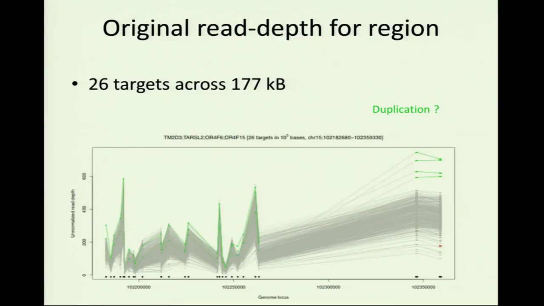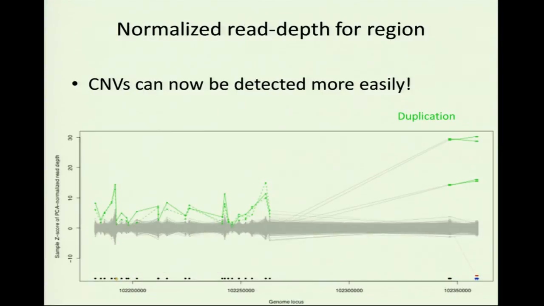So you need to normalize that out, and here we've colored in green some samples and their corresponding targets that we think might be duplicated. The question is, what do we really think if we try to normalize the data, clean it up a little bit for these sorts of batch effects? What we'd like to do, and this is a real example from the algorithm that we actually use, is clean up the data so that most of the samples are presumably copy number 2, and they should be pretty flat on whatever scale you're looking at.